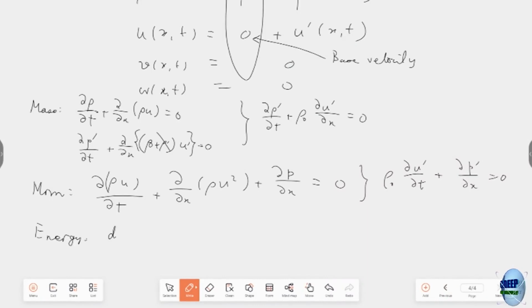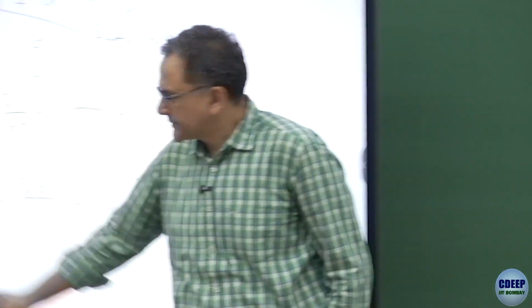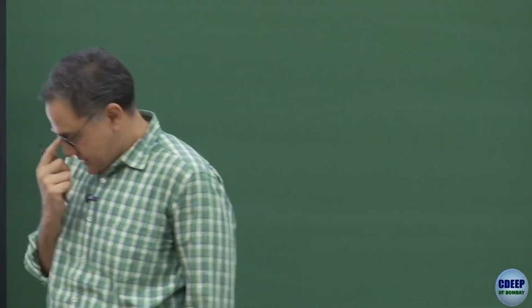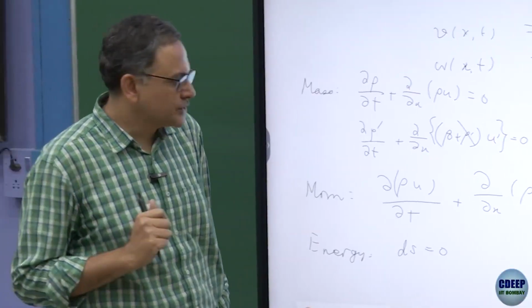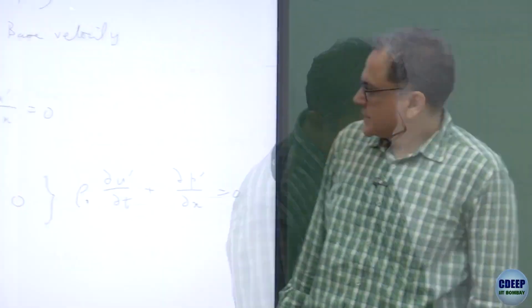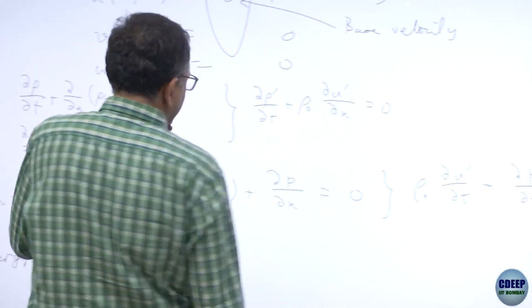You want to write it as ds equal to 0, so your changes in entropy are 0. Whatever you are doing, if you are on this wave, then you will not encounter any changes in entropy. This is the easiest one for us to work with. One of the things that we know from this is that our isentropic equations are all known, so we will make good use of them. We are already in a very good shape.